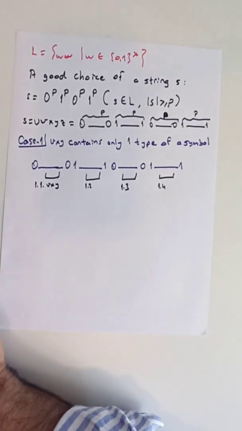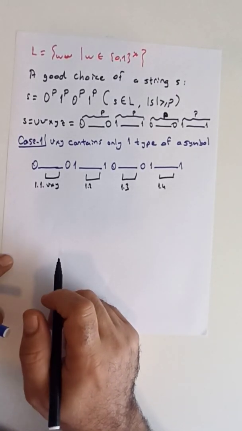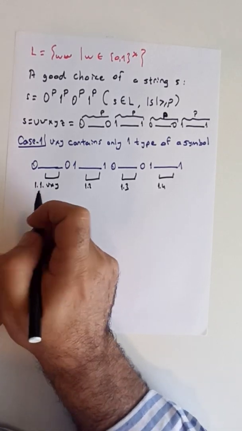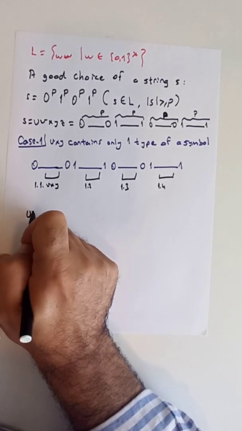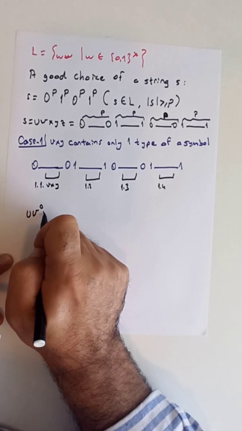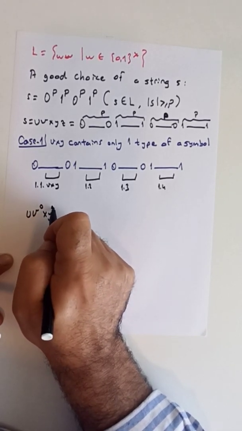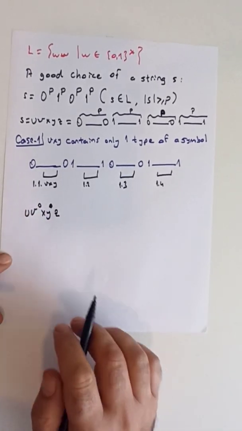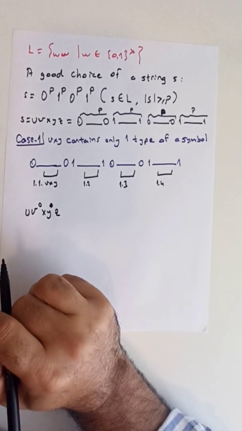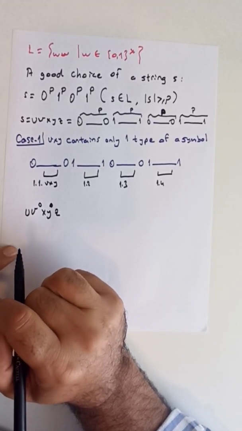For this, let's consider the new string as follows. The new string uv to the 0, x, y to the 0, z. What does this new string look like?